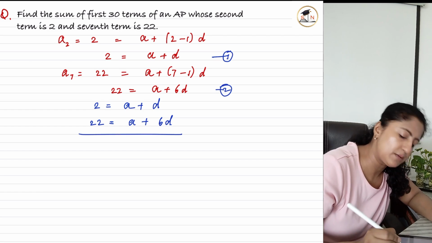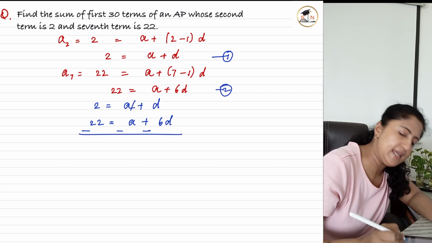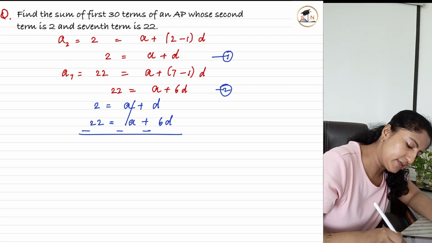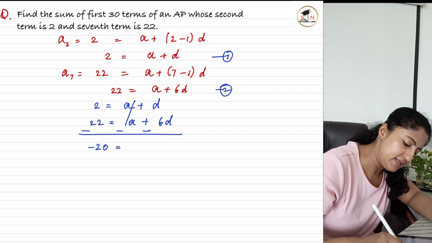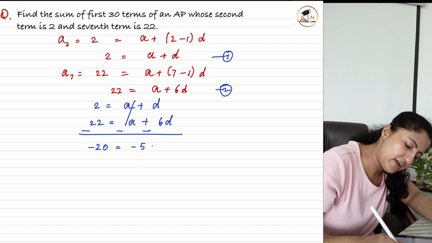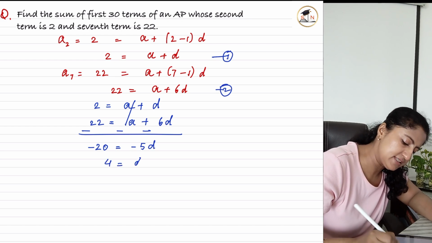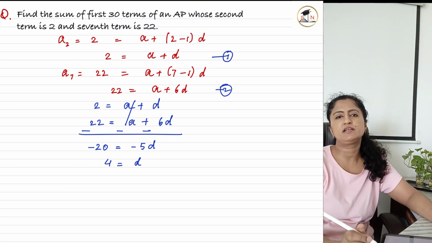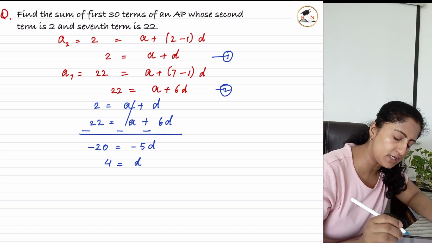What I'll do, I'll just subtract both the equations. A gets cancelled. 2 minus 22 comes out to be negative 20. On the right side, D minus 6D gives me minus 5D. And therefore, I get the value of D as 4 because I divided negative 20 by negative 5. Okay. We have got our D.